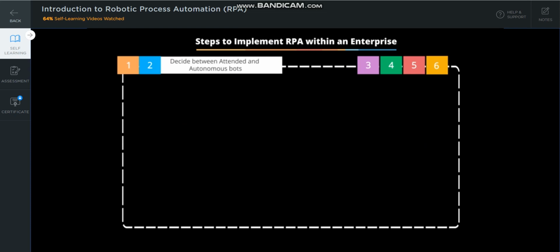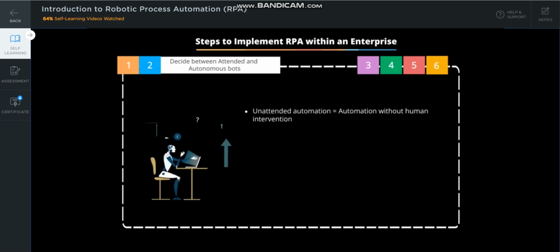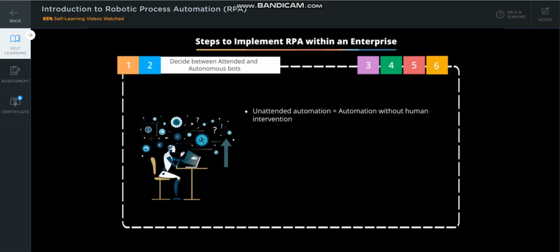Step 2. Attended versus autonomous. Unattended automation equals automation without human intervention, or as little human intervention as possible given the scenario or context. Actions in unattended automation are self-triggered by the automation robots themselves.